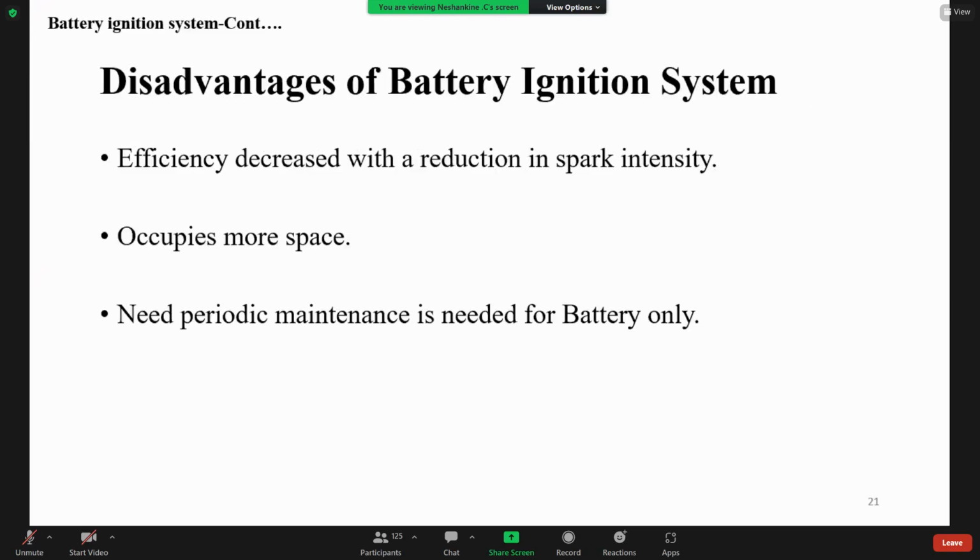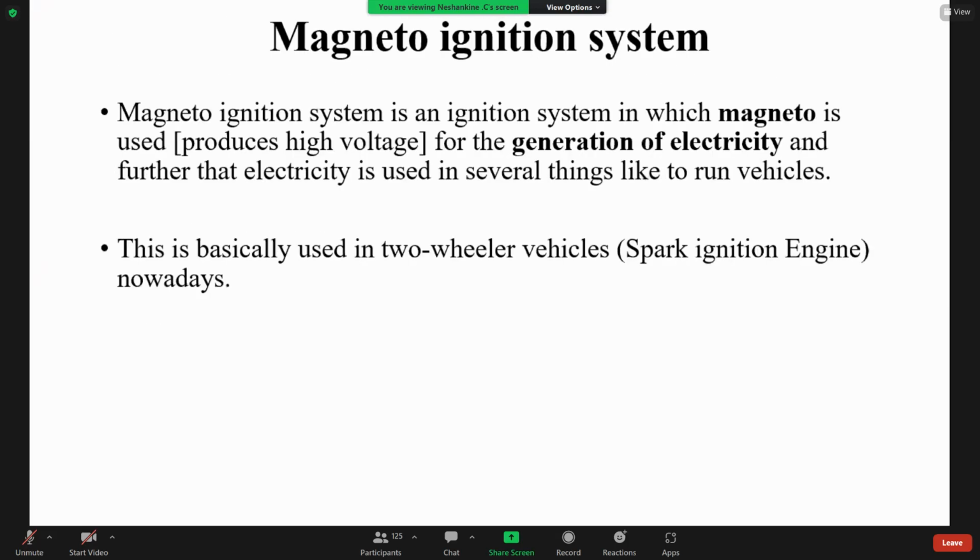Anyone, do you need more time to write the advantages and disadvantages of the battery ignition system? Shall we move next? Okay. If you understood this battery ignition system, the magneto and electronic ignition systems are very simple.